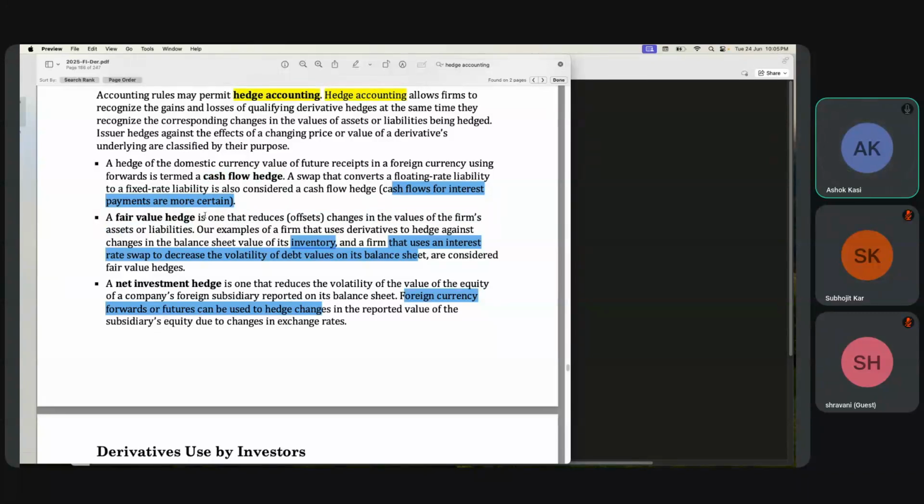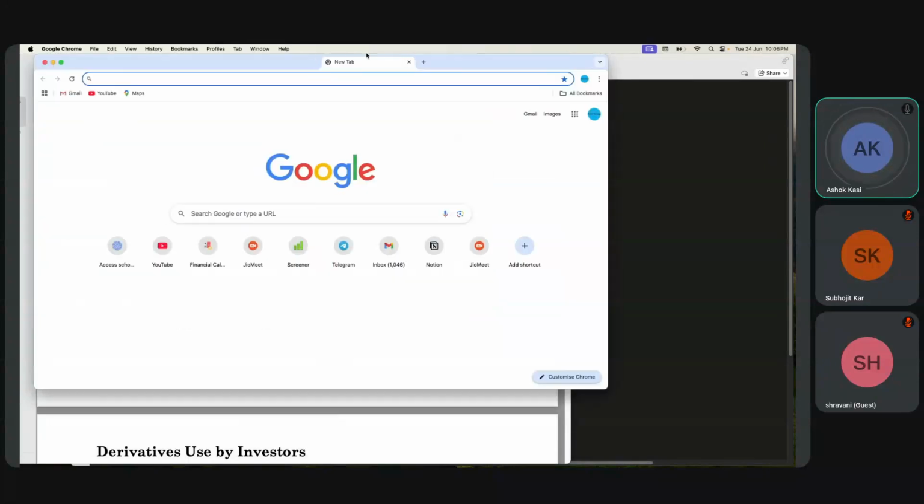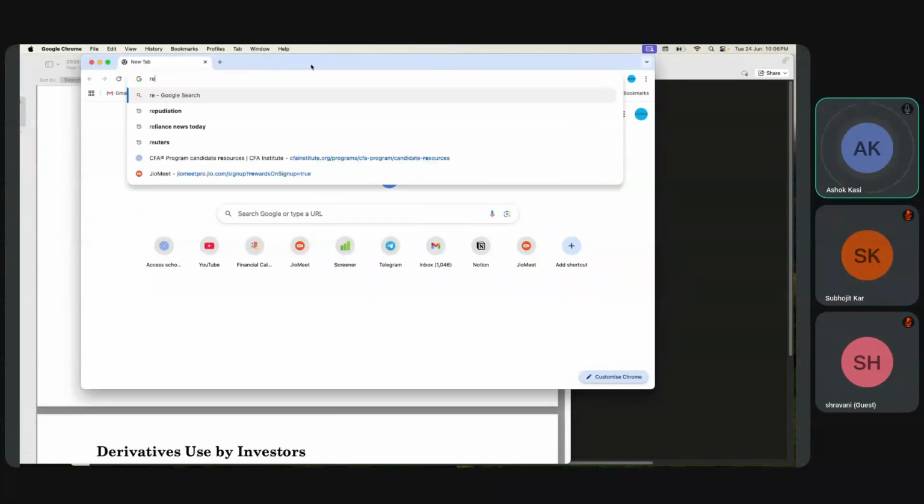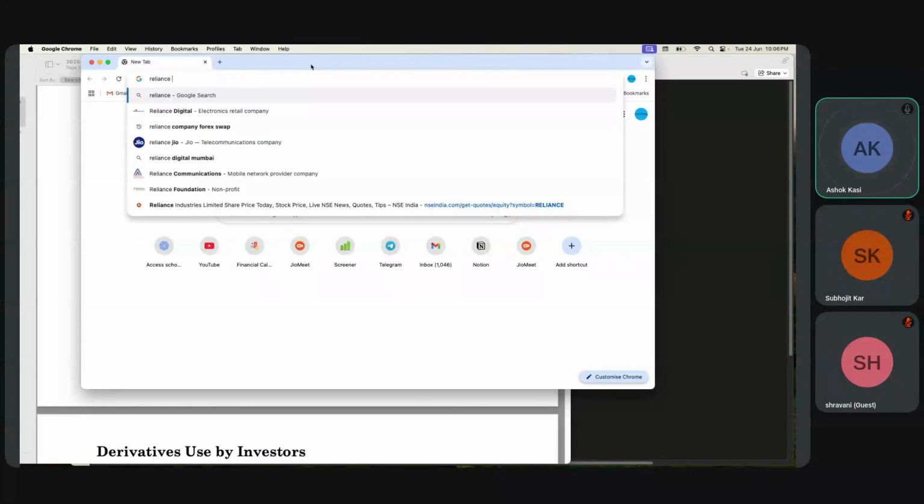Okay, but what sort of situations can make them do all these things? Like cash flow hedging, which, as we said, means interest rate swaps. For certain companies you may very lightly get information. Let me check in Google: Reliance interest rate swaps. Currency swaps we sometimes get to see because the government gets involved in it.